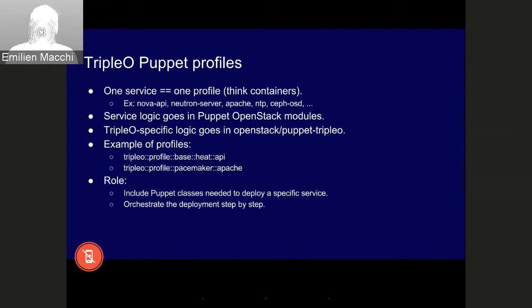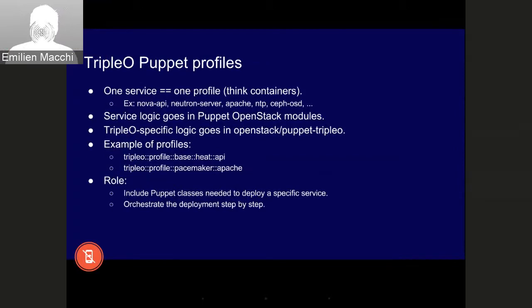We will see afterwards how it works. And we have some roles that will include later the Puppet classes needed to deploy a specific service. So we will see afterwards what are the roles and how it works.